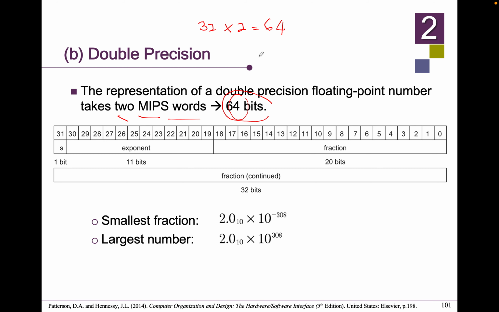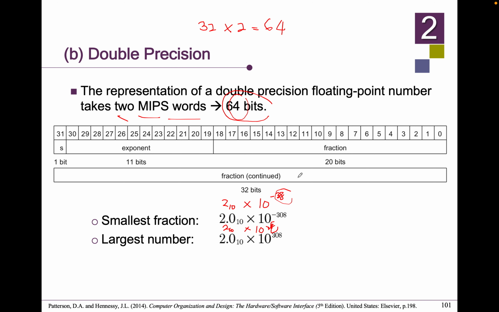And how about the range? Just now you looked at the single precision support: the lower bound is 2 base 10 multiplied with 10 to the power of minus 38, and the largest number is 2 base 10 multiplied with 10 to the power of 38.